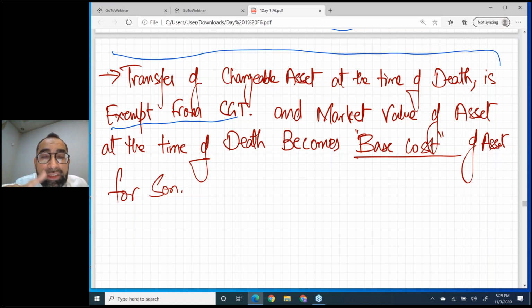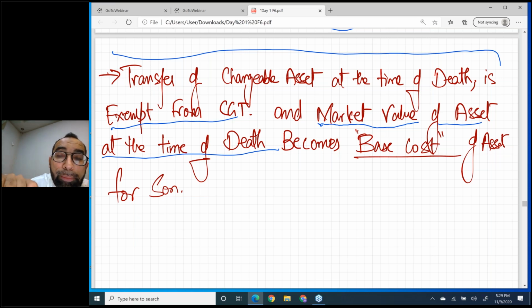And in his will, it is written to transfer this asset to his son. At the time of death, there is no CGT computation. And the good news is that the market value of asset at the time of death becomes the base cost of asset for son.